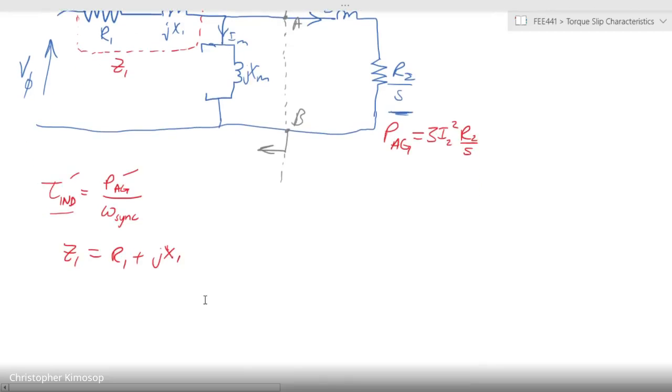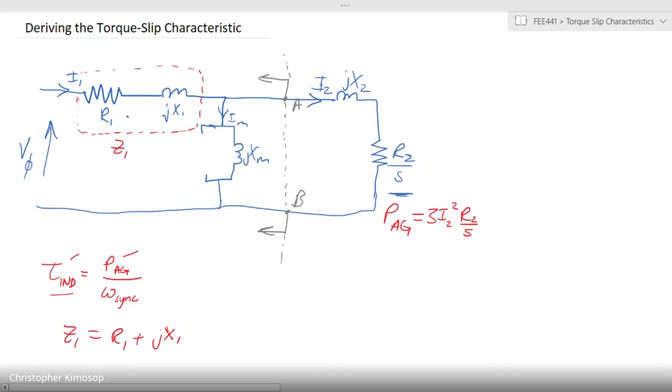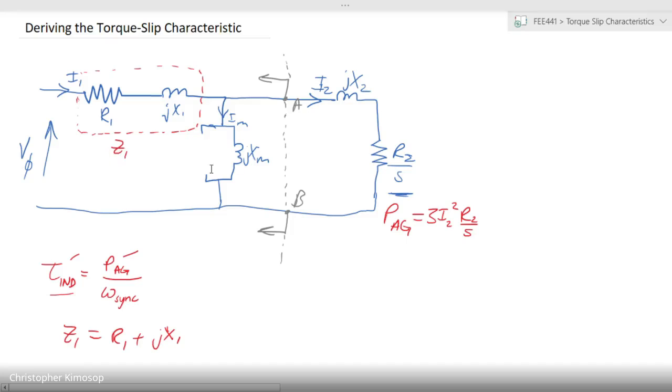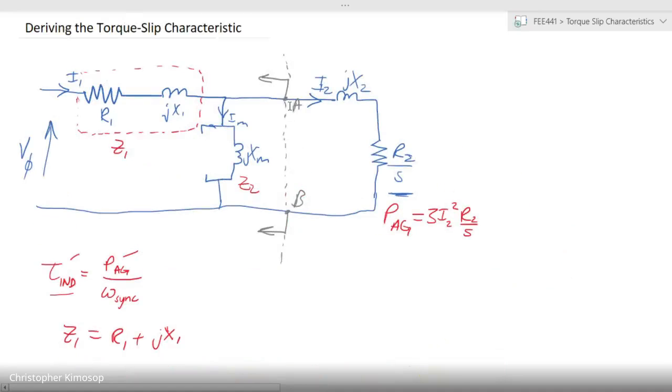Okay, so we have that Z1 as represented by the stator elements that we had here, okay? Now, what does this mean? Looking at our Thevenin equivalent circuit that we have here, it is very similar to what we are looking at on this side, all right? You have a Z1 and a Z2. This XM can be equivalent to a Z2. And we were looking at it through point A and B, which is identical to what we are looking at on this side.